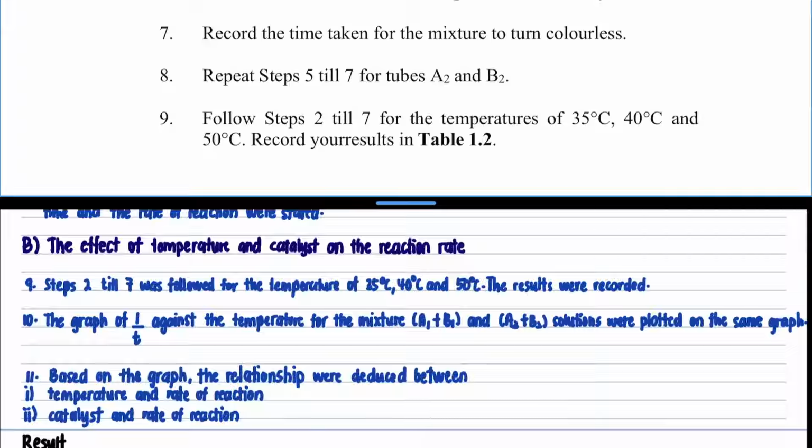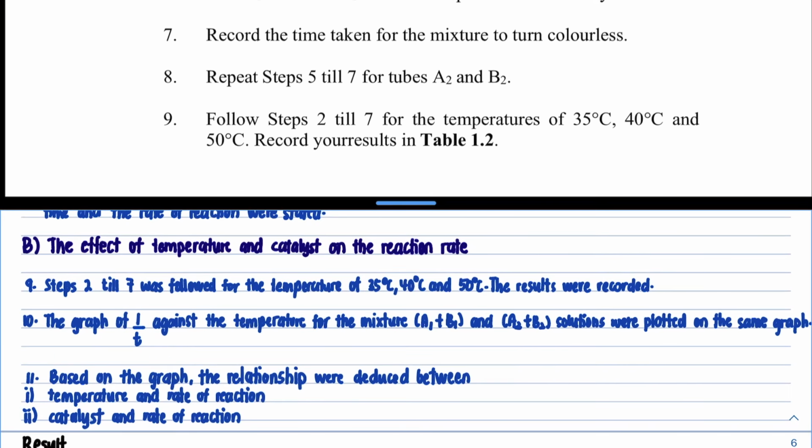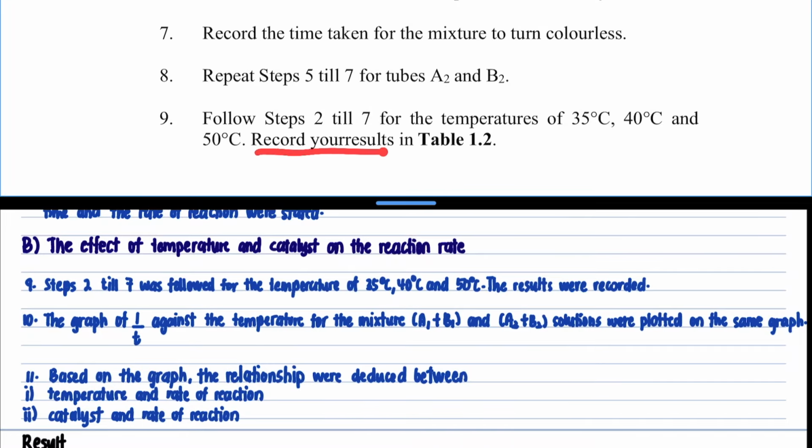Record yourself in table 1.2. However, in the lab report for the procedure, you should only write down steps 2 till 7 was followed for the temperature of 35, 40, and 50 degrees Celsius. And then here record your results.